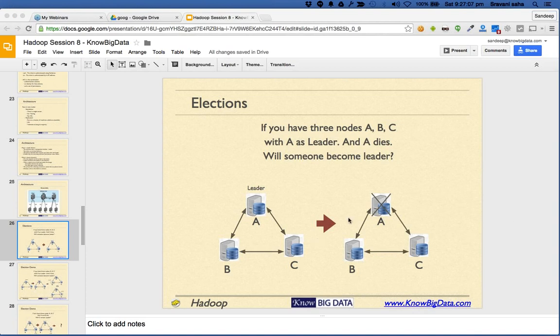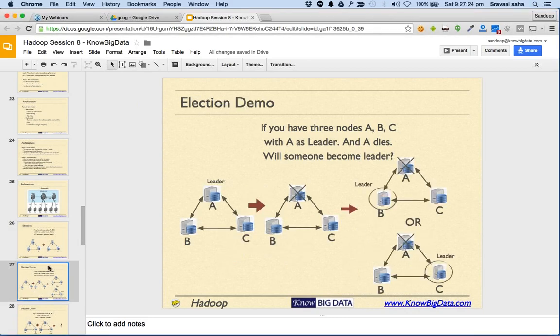Anyone? A is dead. Correct, thank you. B or C will become the leader. Either B will become the leader or C will become the leader.